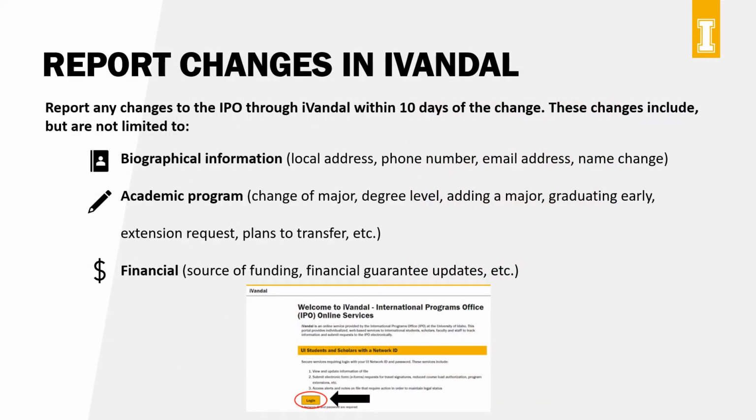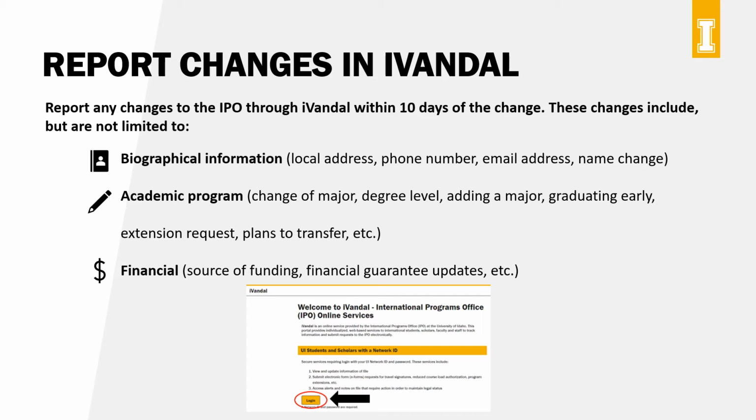International students are responsible for reporting any changes to the IPO through their iVandal account within 10 days of the change. These changes include, but are not limited to, a local address change, phone number, email, or name change, a change in your academic program, for example, change of major, change of degree level, adding a second major, graduating early, filing for an extension, or if you plan to transfer to another school.